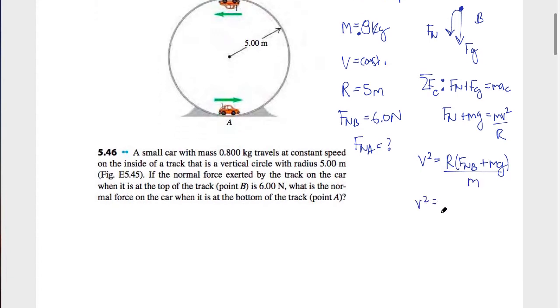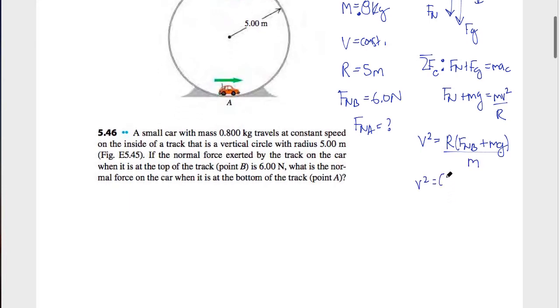Substituting, I have 5 times 6 plus 0.8 times 10, all over 0.8. So v squared is equal to 57.5 meters squared per second squared. It's a constant speed, which means v squared is also constant.